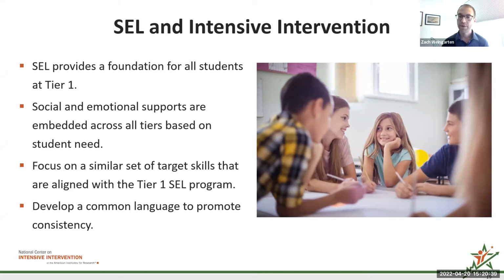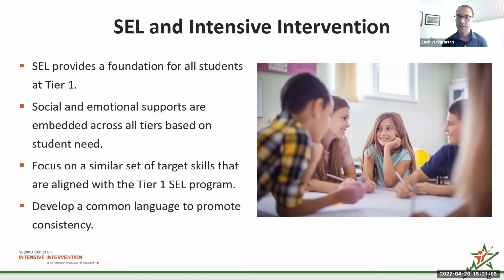Ideally, we're going to create a program in which our tier 2 and tier 3 SEL supports and practices are really well aligned with what's happening with the tier 1 universal SEL program. So ideally there would be a similar set of target skills that are really well aligned with that tier 1 SEL program. And we would have a common language that could promote consistency across all tiers.